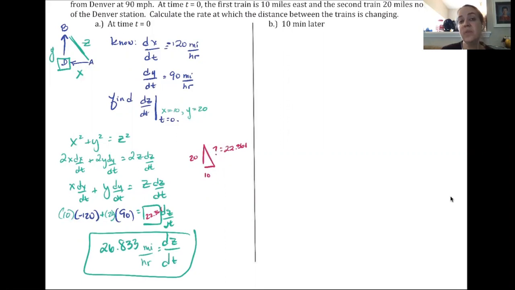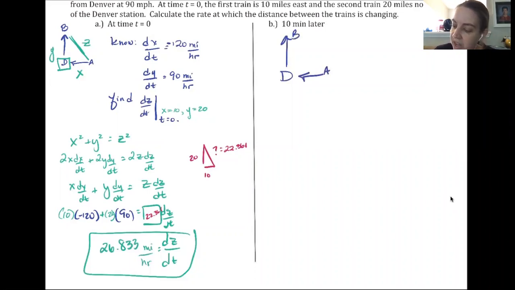If we do it at a different time, we have a different value. So that's 10 minutes later. So 10 minutes later, what's happening here? The picture is still the same. We still have Denver, we still have our northbound train, we still have our westbound train.